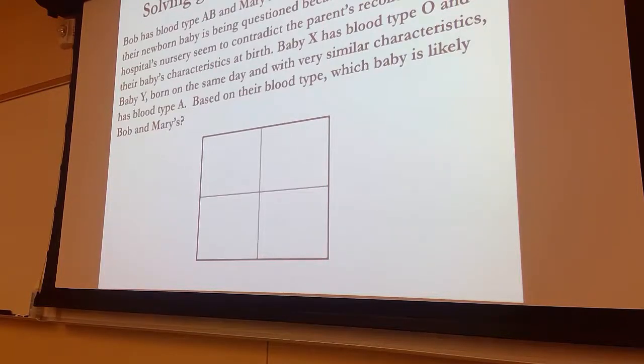If Bob is really the daddy, and we're going to assume he really was the sperm donor, they cannot have a baby that's blood type O. Does everyone see that? It's either blood type A or B. So baby Y is most likely theirs. Of course, before we send the baby home with these two, we will do other genetic tests to more firmly conclude that baby Y is theirs.